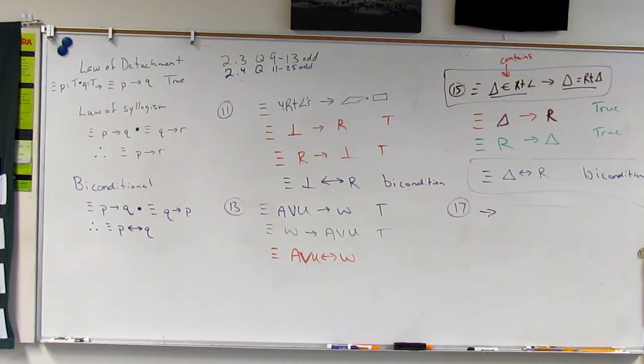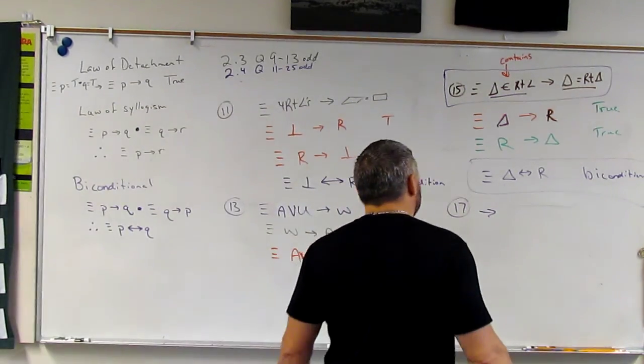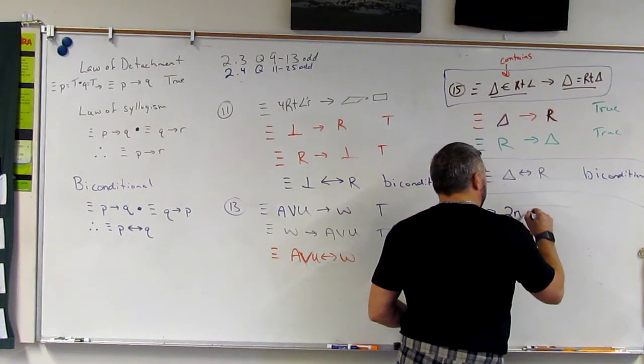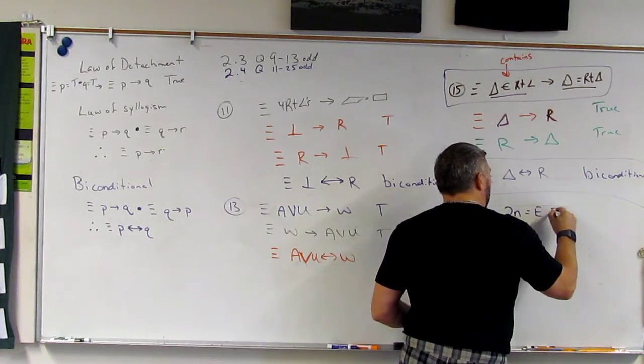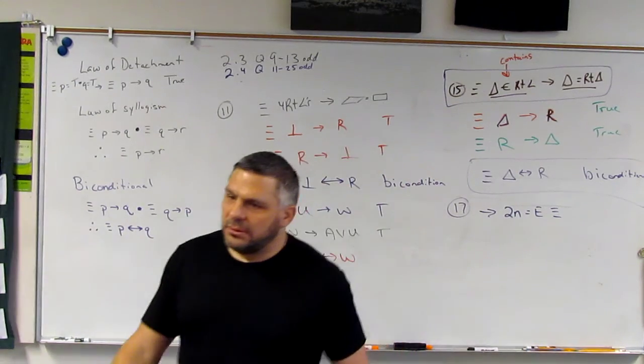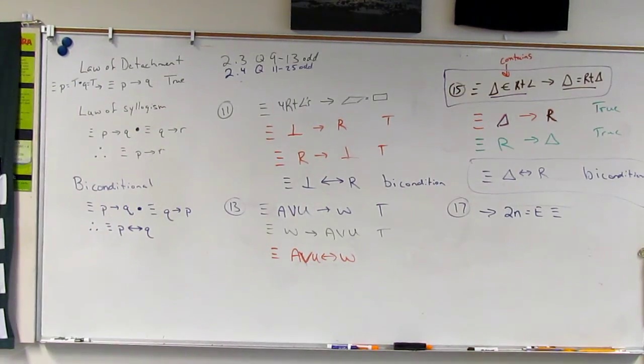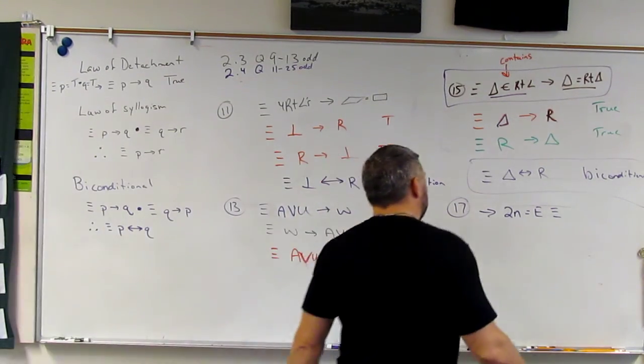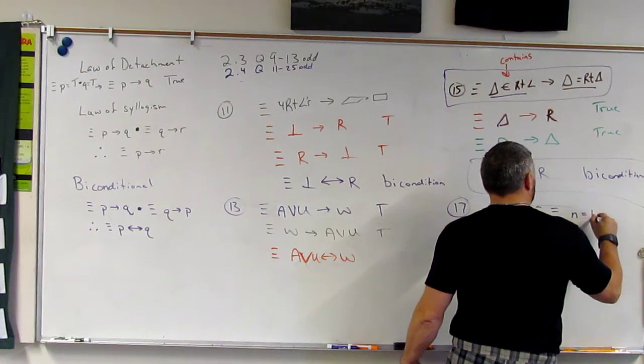It's saying the number 2n is even. So 2n is even if and only if n is an integer.